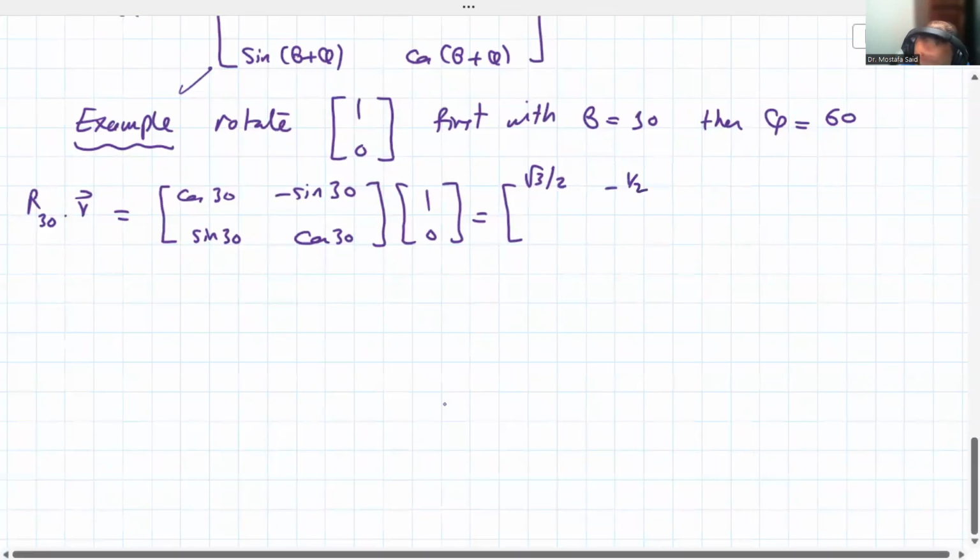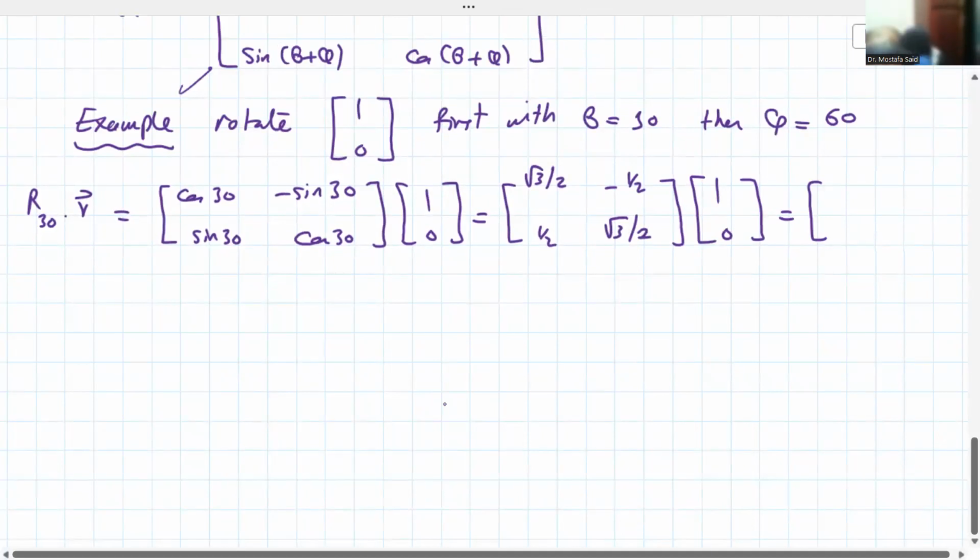So this is minus half, half, square root of 3 over 2, multiplied by 1, 0. That's equal to, let's do it. This is square root of 3 over 2, and that's half. Yes, half.